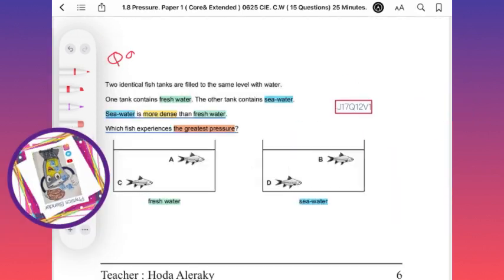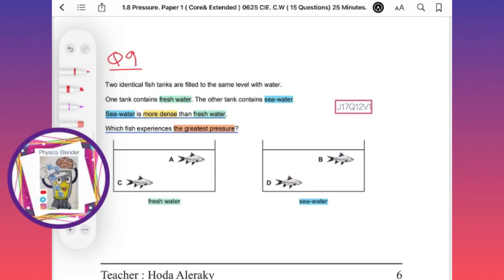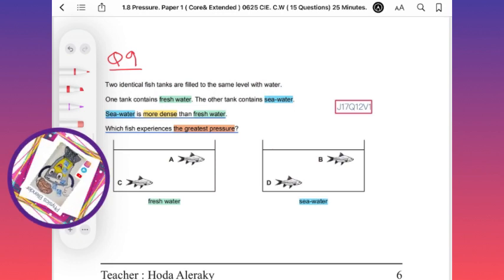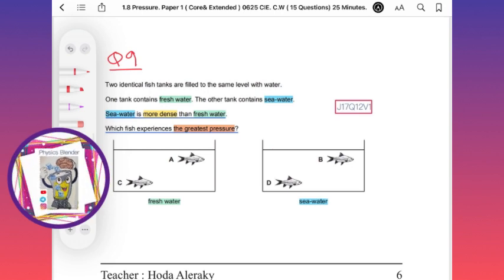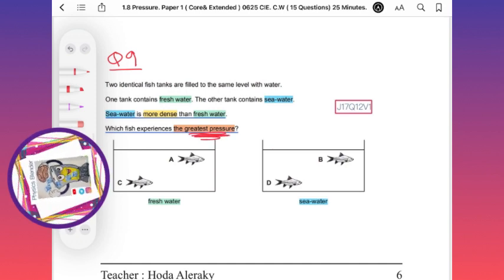Question 9, we have two identical fish tanks are filled to the same level with water. One tank contains fresh water, the other one contains sea water. And you know seawater is denser than fresh water. Which fish experiences greatest pressure?